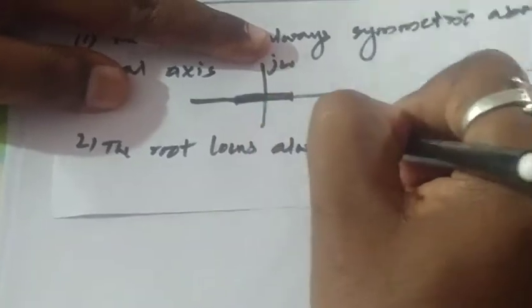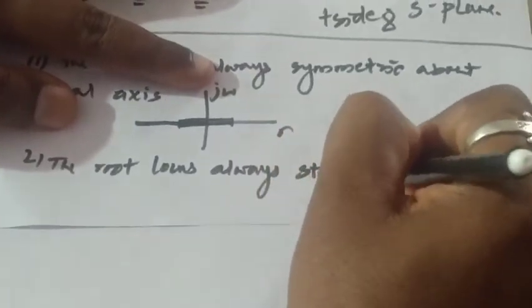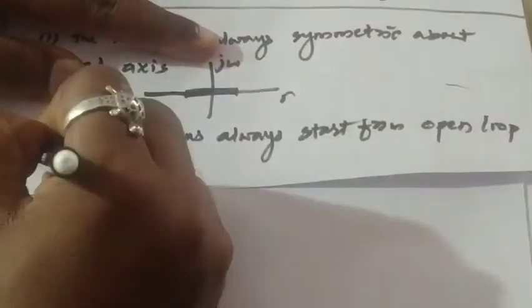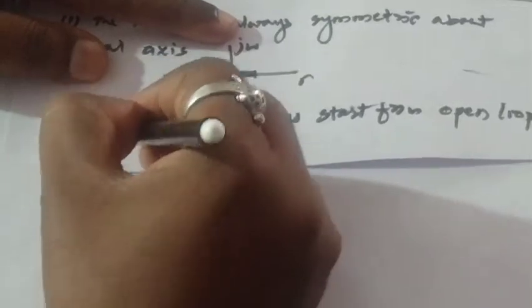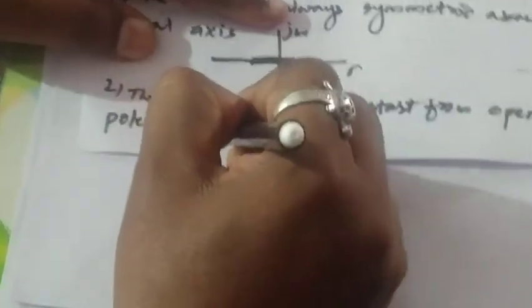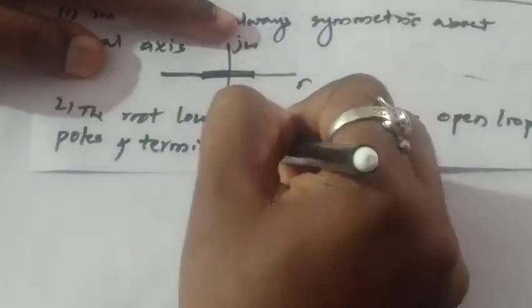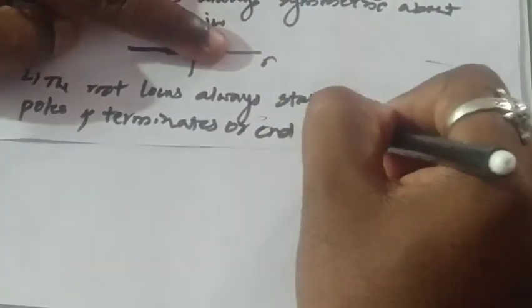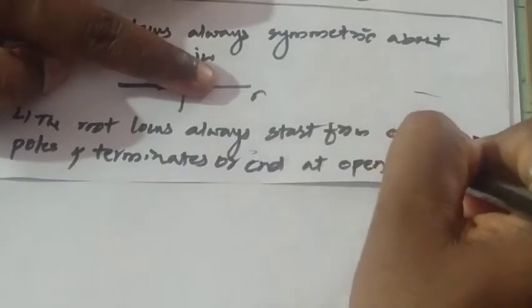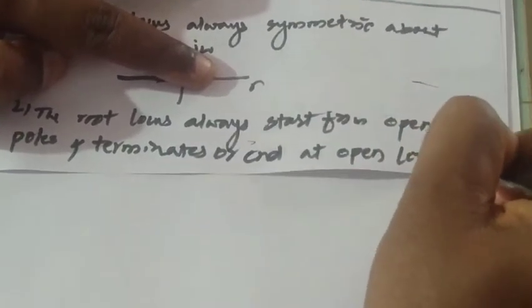Okay. So now the second rule is the root locus always starts from open loop poles and terminates or ends at open loop zeros or infinity.